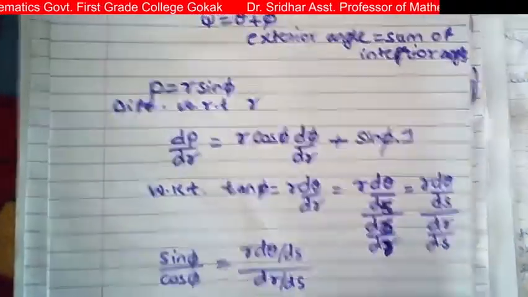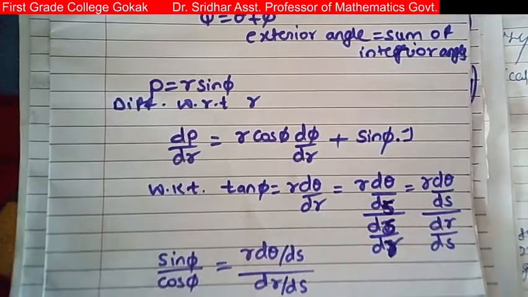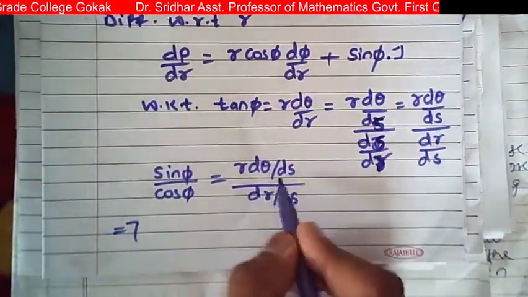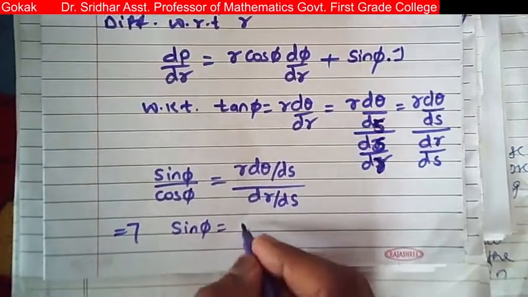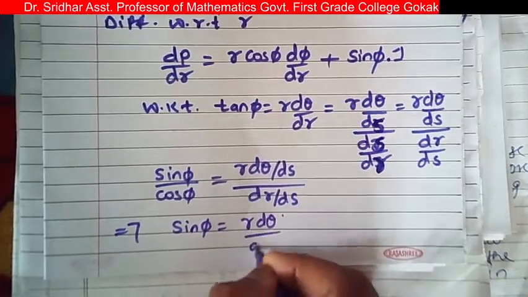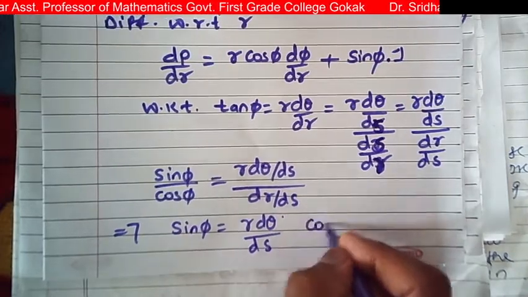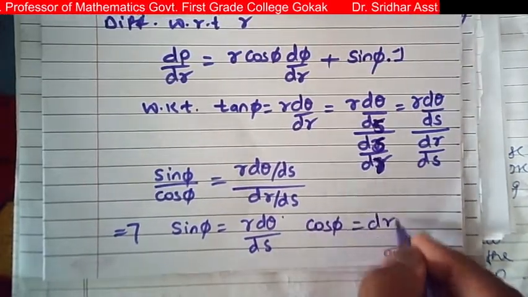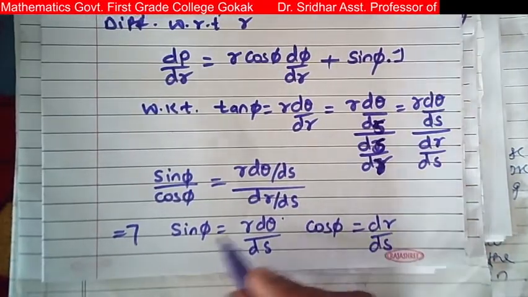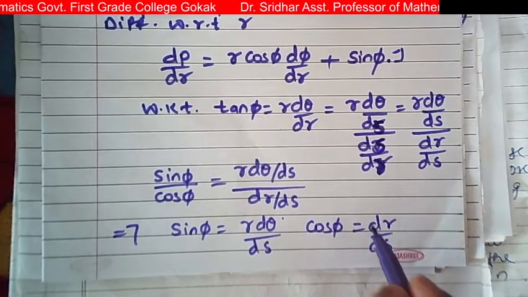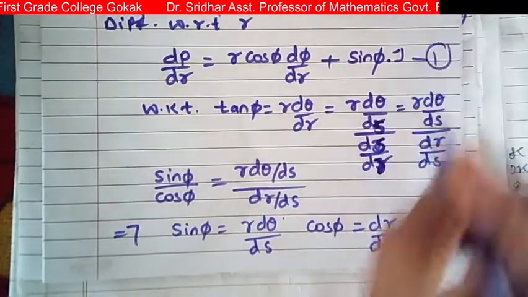So from this equation, sin phi is equal to r into d theta by ds, and cos phi is equal to dr by ds. Now after obtaining these two, we substitute this sin phi and cos phi in this equation. Call this equation 1.